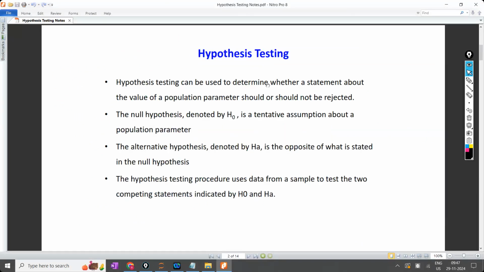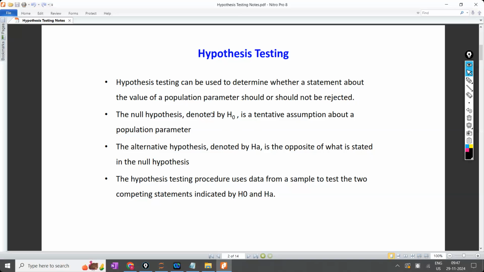First we are going to check this: hypothesis testing means determining whether the statement about the population parameter should or should not be rejected. Don't read the down part, just read only the first point. Hypothesis testing can be used to determine whether a statement about the value of a population parameter should or should not be rejected. That is the meaning of hypothesis testing.